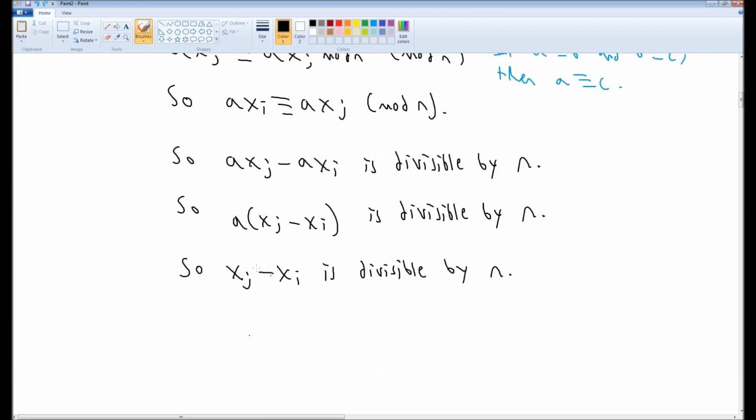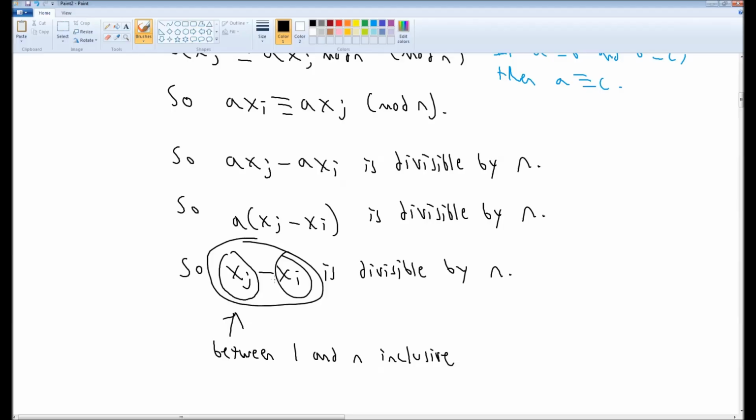Okay, but now here's the problem. Recall that these xj and xi, both of these guys have to be between 1 and n inclusive, right? So at most it can be n, at least it can be 1. But here's the thing. This always has to be strictly less than n, because the biggest this thing could be is n minus 1, right?